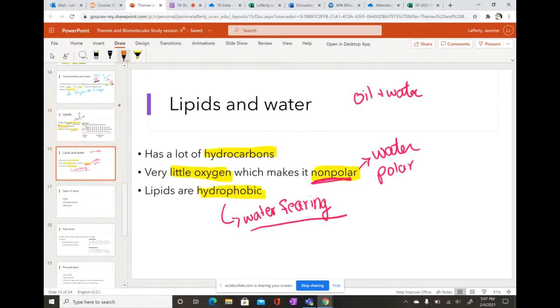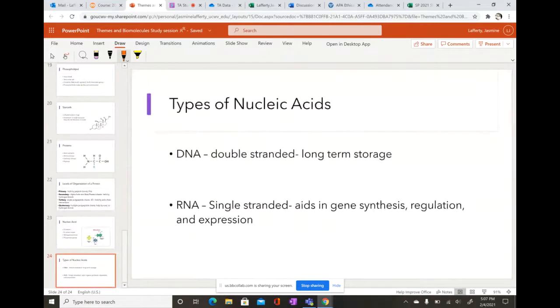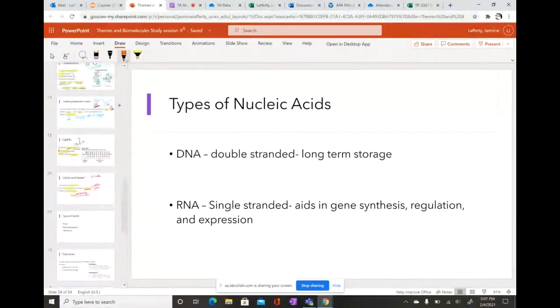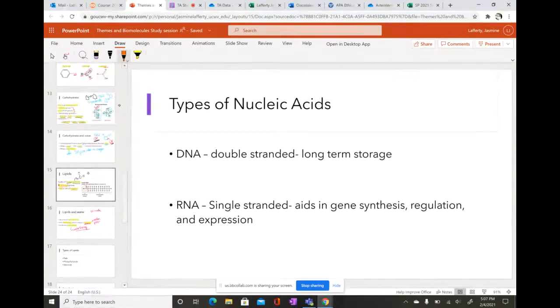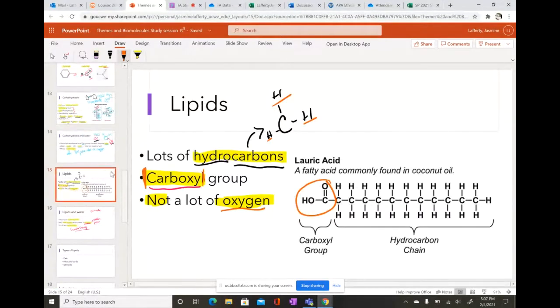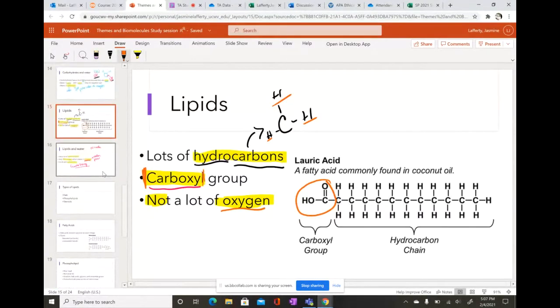So sorry, guys, I don't know what's happening. All right, so you have a carbonyl right here, and then you have a hydroxyl. So carbonyl plus hydroxyl, you combine those two words together, is carboxyl.